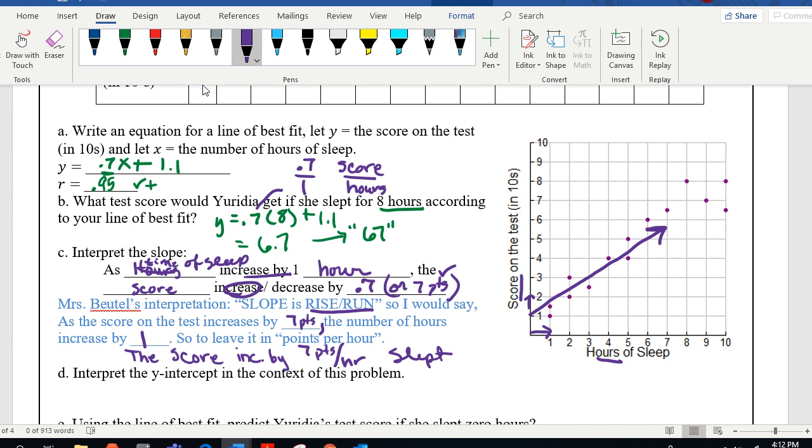Interpret the y-intercept in context of this problem. The y-intercept, according to this problem, is 1.1.